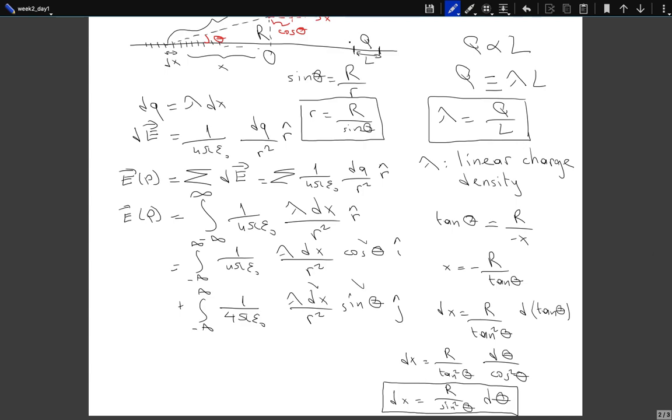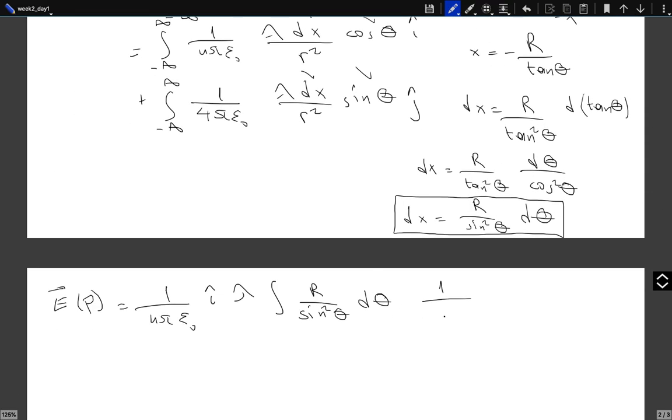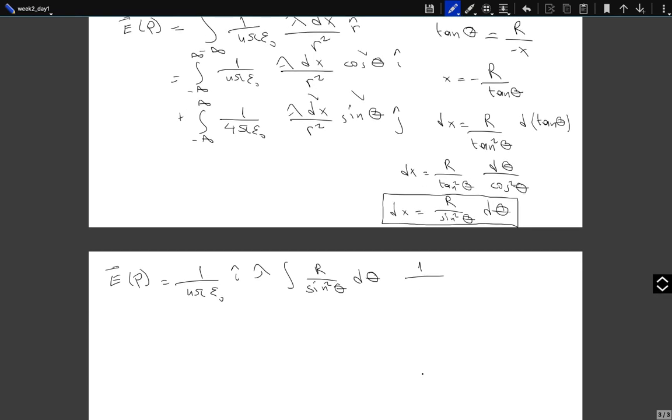It's capital R squared over sine squared theta. And then I have the cosine theta. Well, nice, it's simplified. The sine squared theta cancel, and this cancels one of the r's.